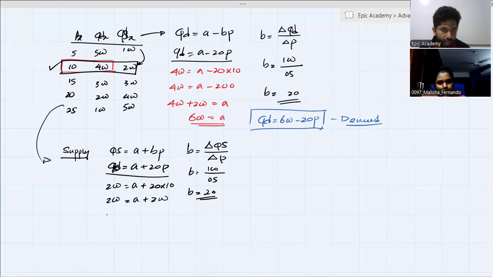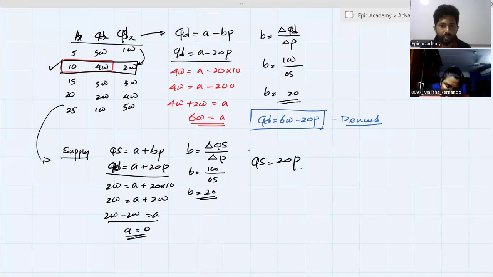And then 200 minus 200 equals A. So now you can identify the value for A is 0. So then QS equals, there's no value for A, no need to put the value 0, only 20P.